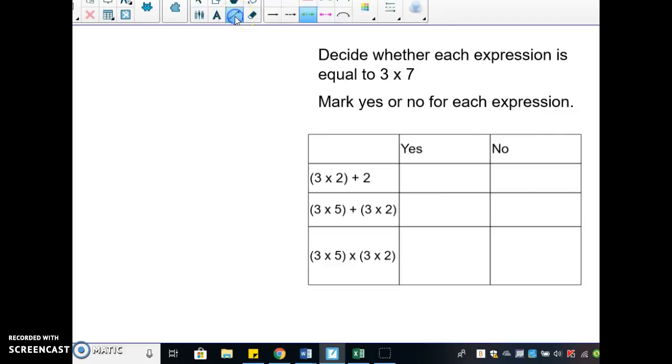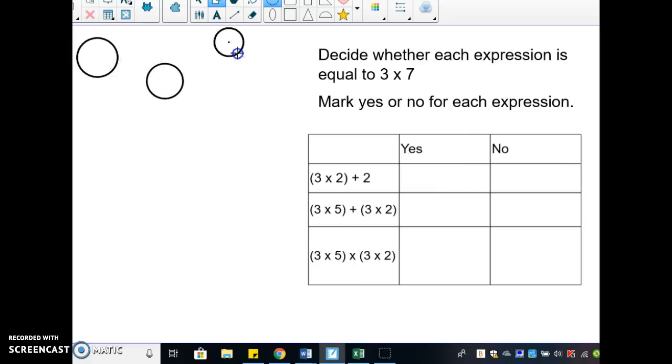So if I have 3 equal groups, I'm going to do 3 circles, and in each circle I'm just going to write 7. So I have 3 equal groups of 7. So 7, 7, 7.